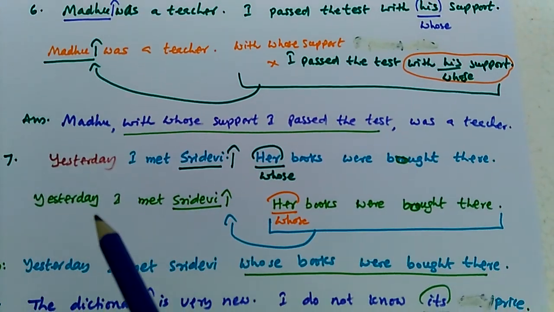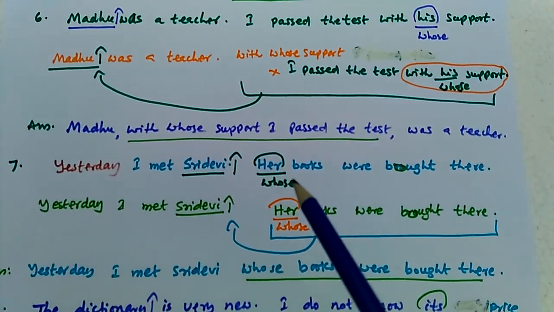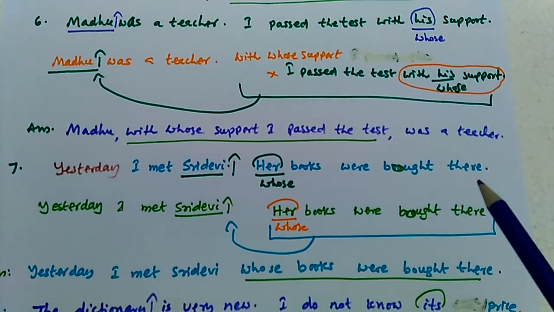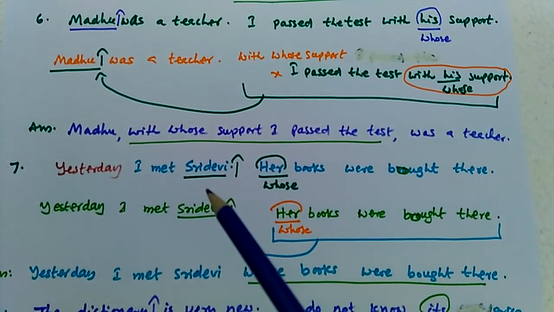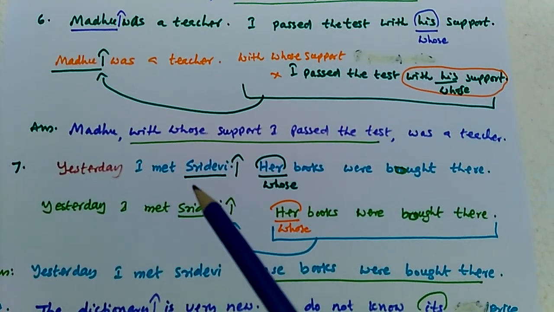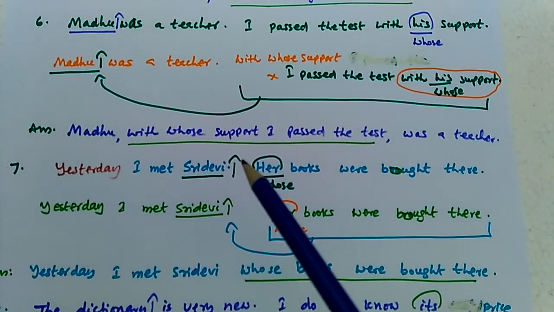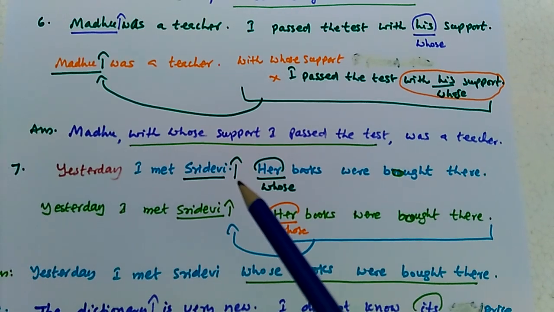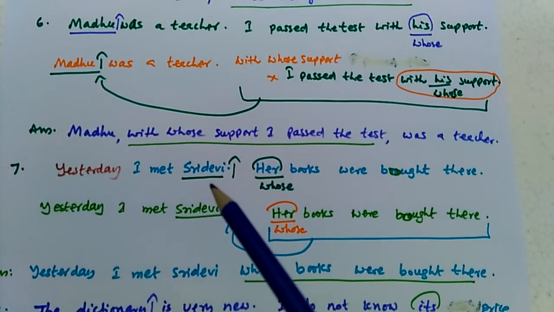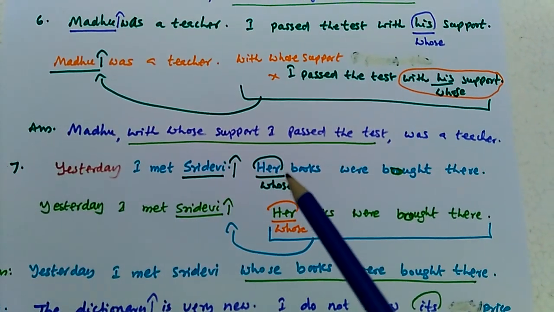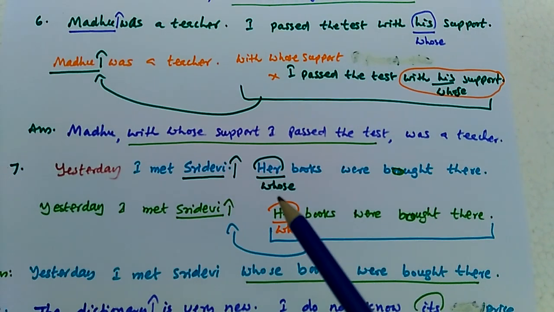And next one, yesterday I met Sridevi, her books were bought here. Here first, the identical phrases Sridevi and her are underlined, and we have to write an arrow mark immediately after one of the identical phrases, that is Sridevi, and her is to be removed. There we have to write whose.